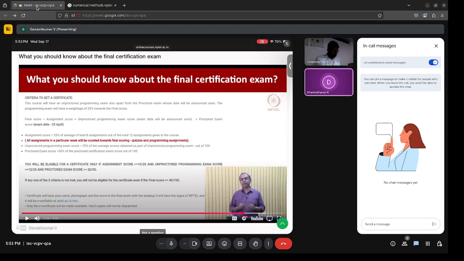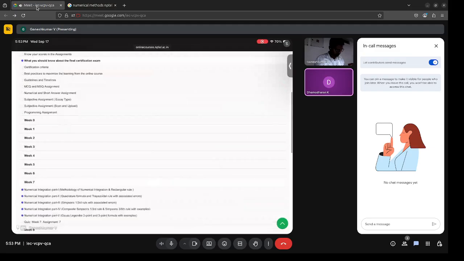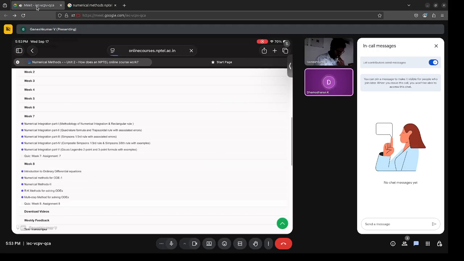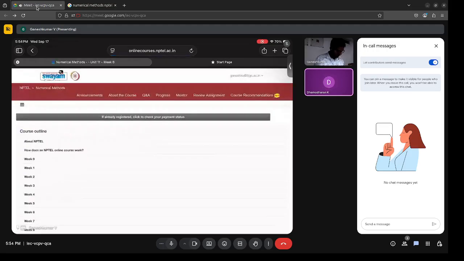As of now, they didn't release the assignment 7 and 8 answers, and the assignment 8 mark also they didn't release. Really? Yeah, the solution is not released, 7 and 8.